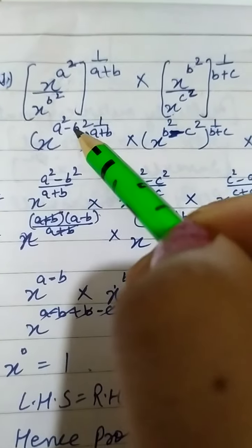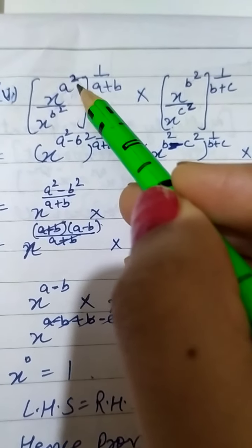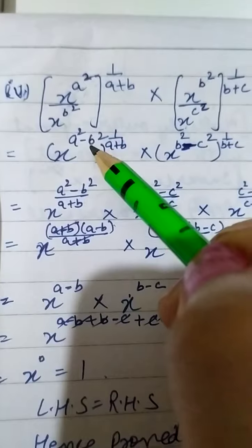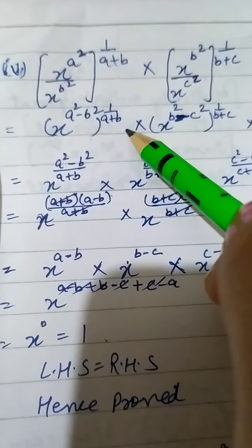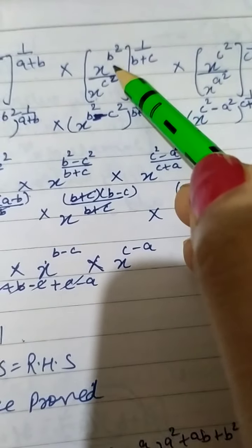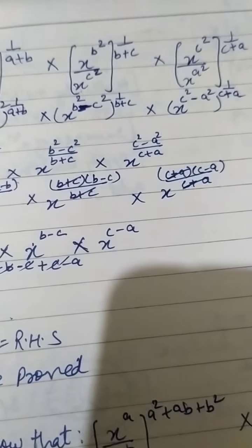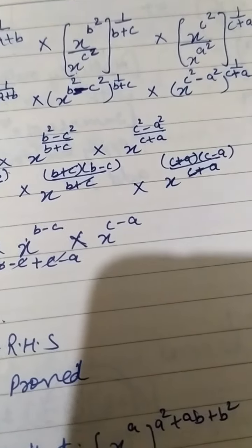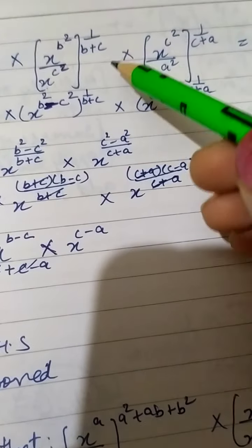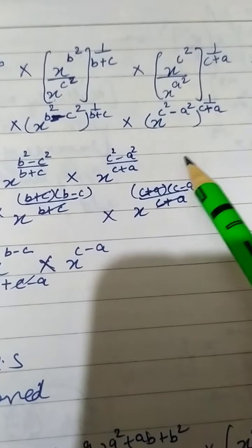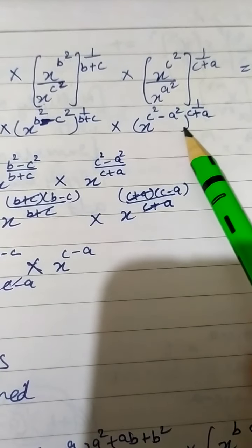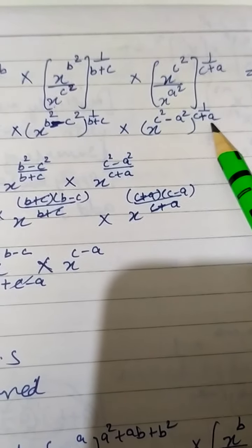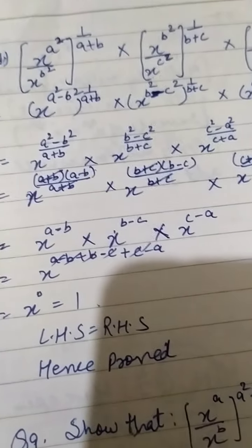Same we have done here: x raised to the power a square minus b square, and this whole has power 1 upon (a plus b). In this also, x raised to the power b square minus c square, whole power 1 upon (b plus c). Same in this, x raised to the power c square minus a square, whole power 1 upon (c plus a).